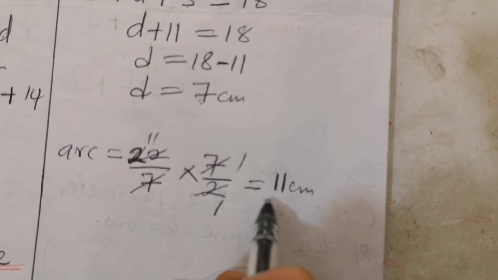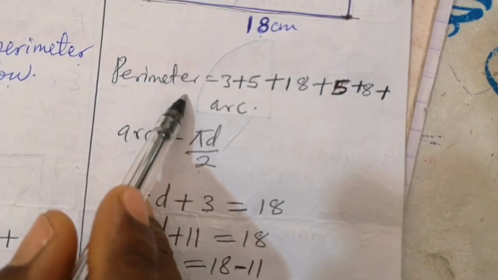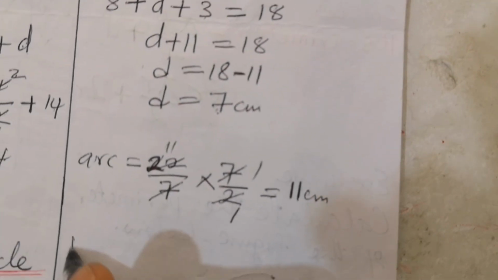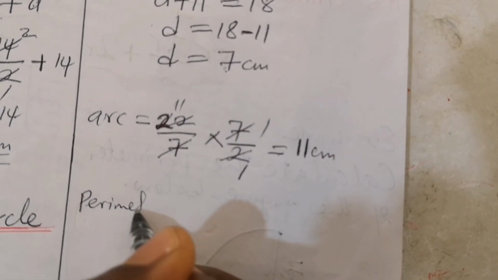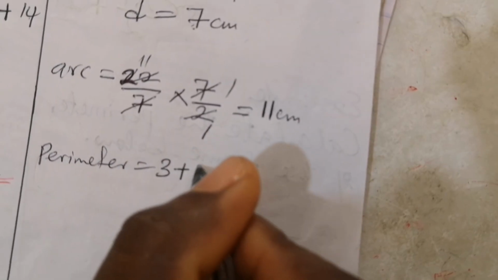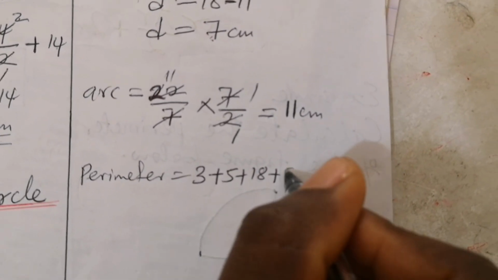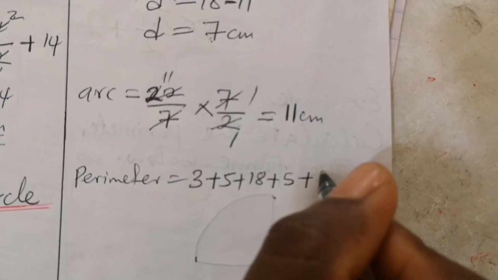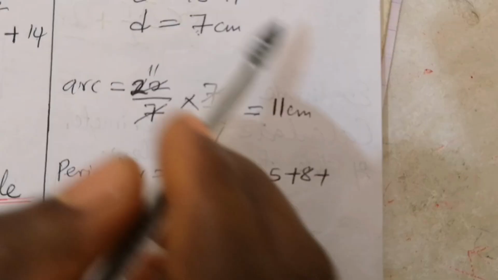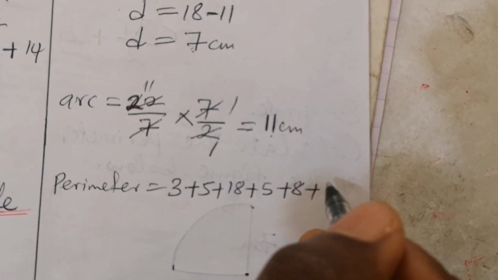I will now take this 11 to anywhere I see arc in this formula where I want to calculate the perimeter. So our perimeter is now equal to what? 3 plus 5 plus 18 plus 5 plus 8 plus, this time instead of writing arc, I will write 11 cm, because I have gotten the value of my arc.